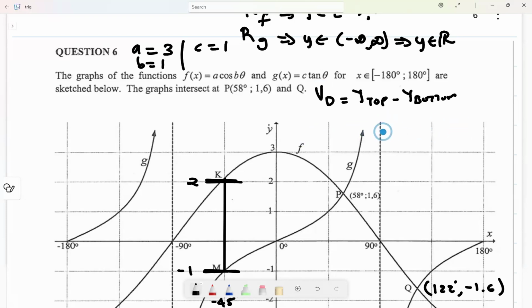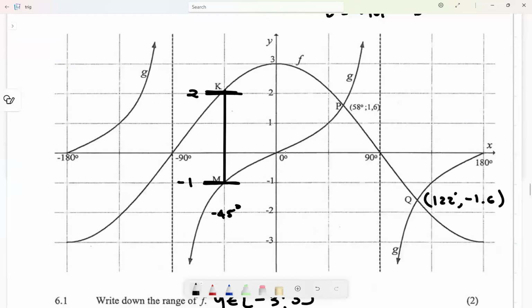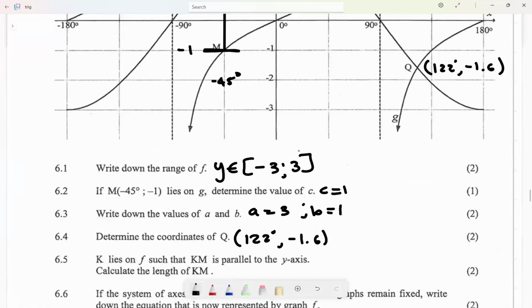In this case, you are looking at the vertical distance. So it's just y top, which is 2, minus the y bottom, negative 1. So can you see that it is 3 units, like that.